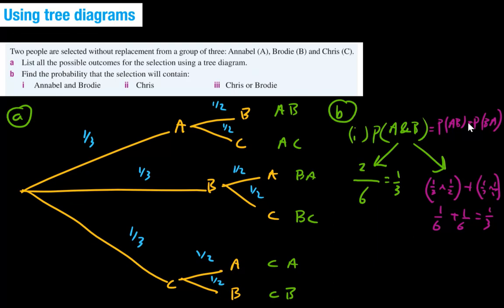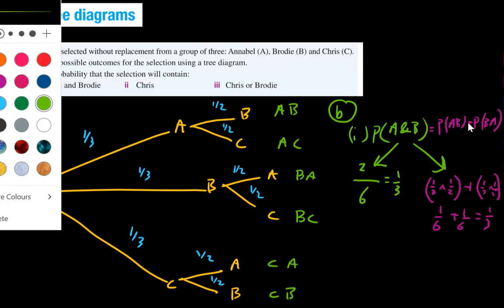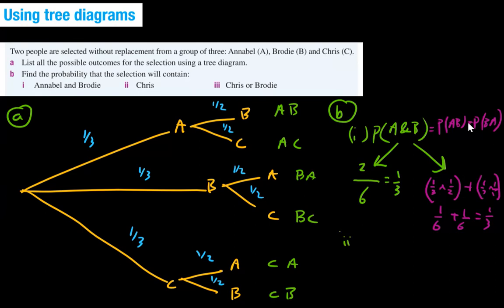Okay, so let's have a look at the second one. Second one is the probability of Chris. So we go down: Chris, Chris, Chris, Chris, 1, 2, 3, 4 over 6, which is 2/3.